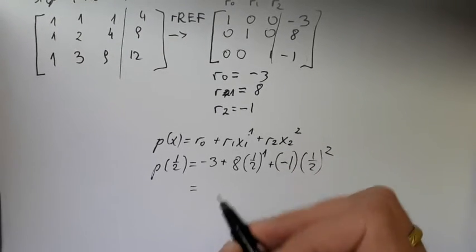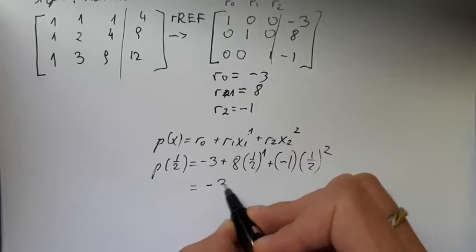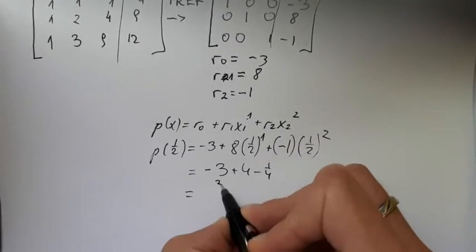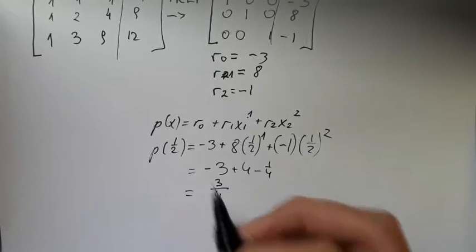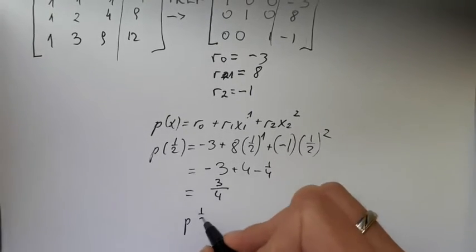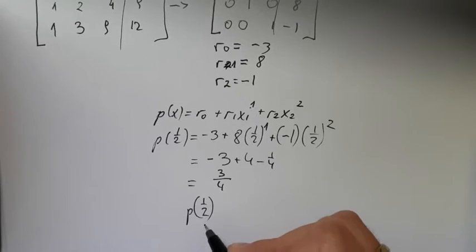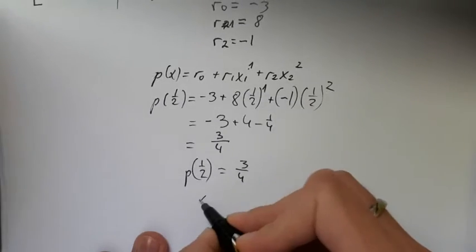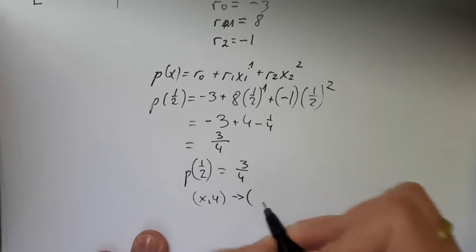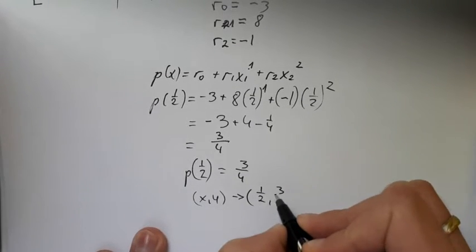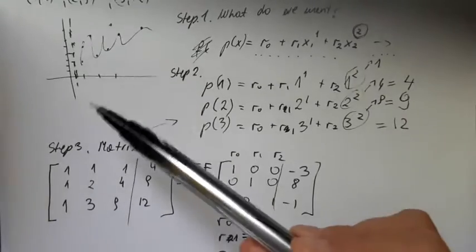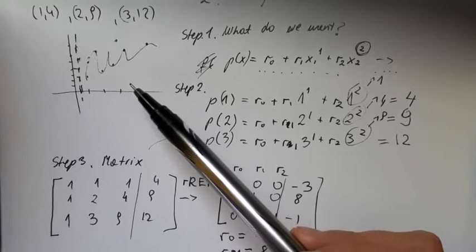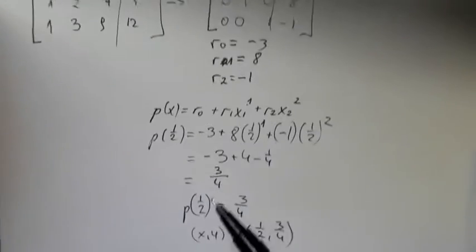After we reduce it, it's going to be minus 3 plus 4 minus 1/4, and it's going to equal 3/4. So p(1/2) equals 3/4. So that's our x value, that's our y value. So the new point that we found on this polynomial with a degree at most 2 was this.